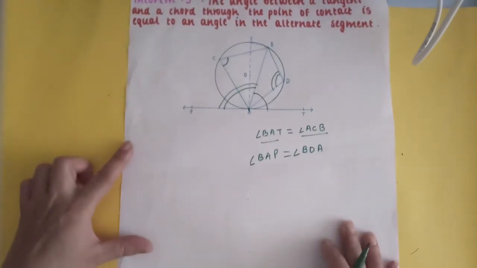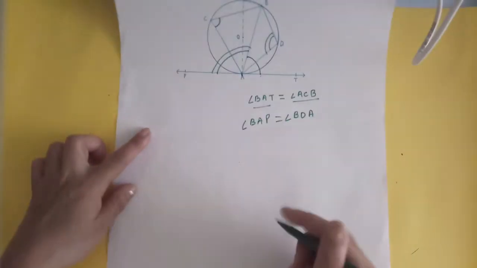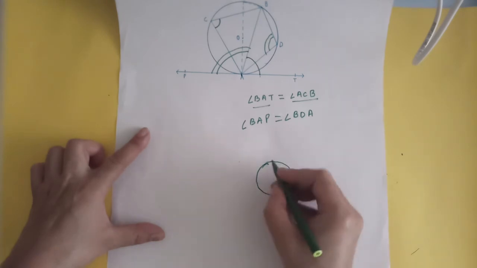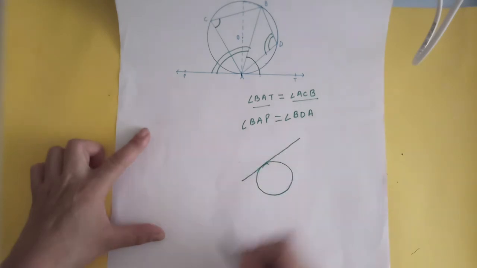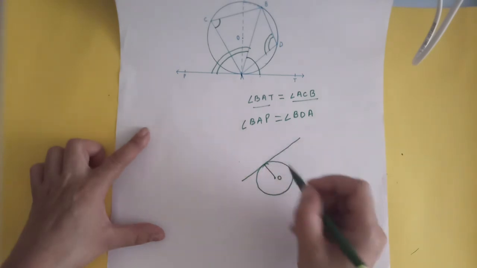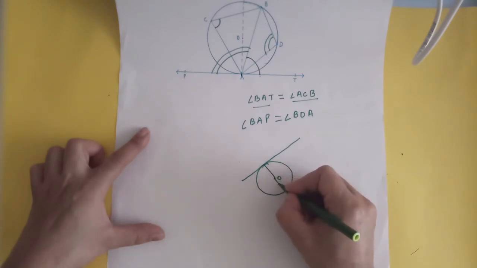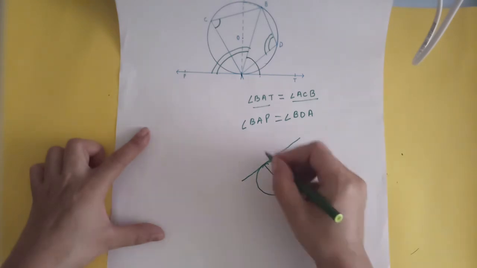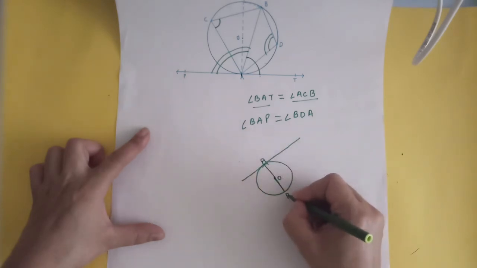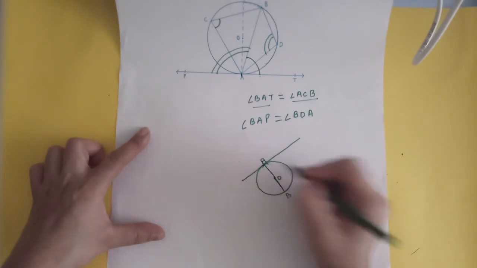Let's understand it with the various situations. Say for example, I have a circle and maybe this is the tangent and this is the center of the circle, this is O, and let this be a chord of the circle. So this is A and this is B. This is the tangent, this is the point of contact.